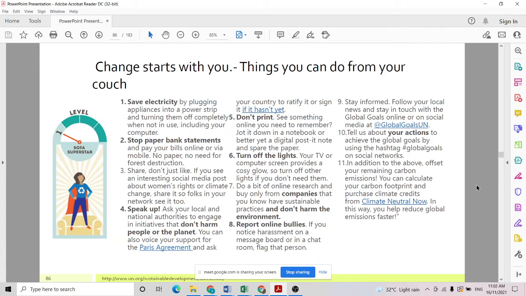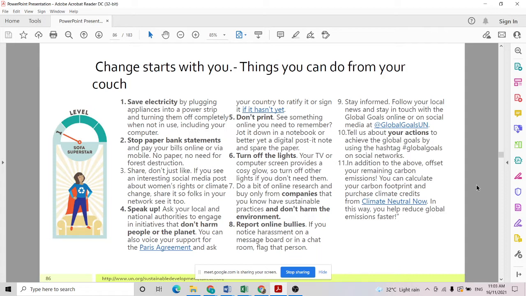Also nowadays people communicate through email. If it's not necessary, you may reduce the amount of printing. Just read it online.